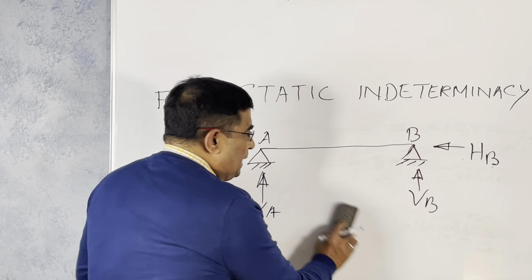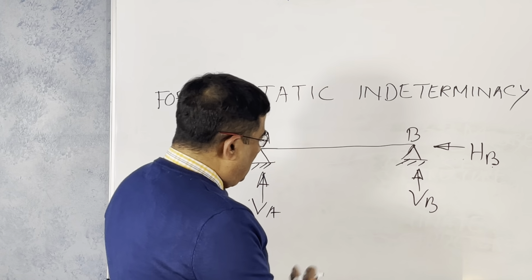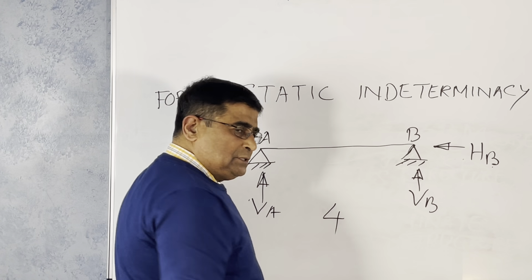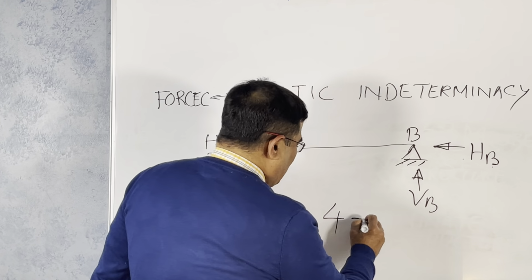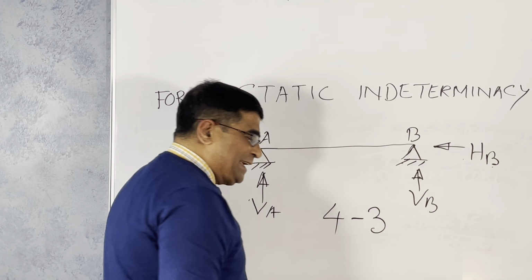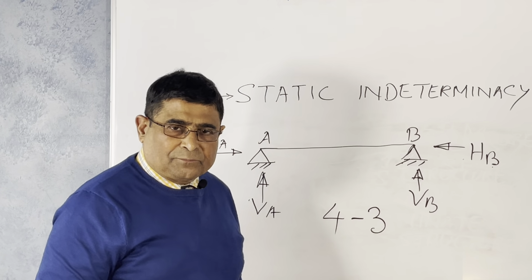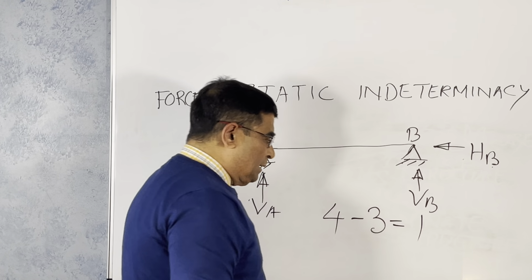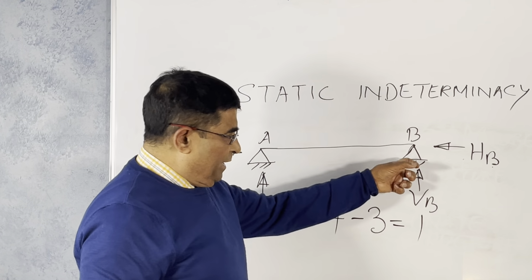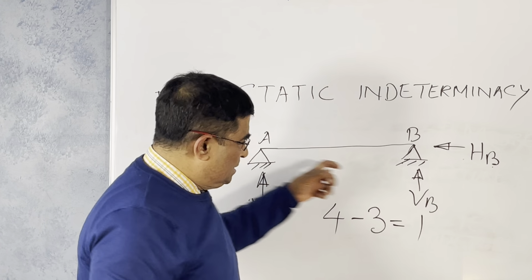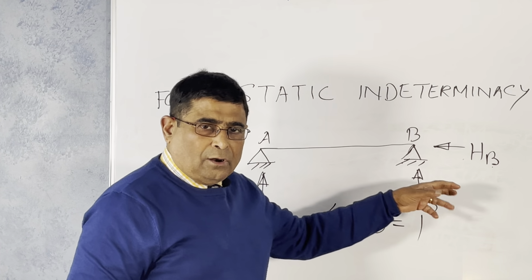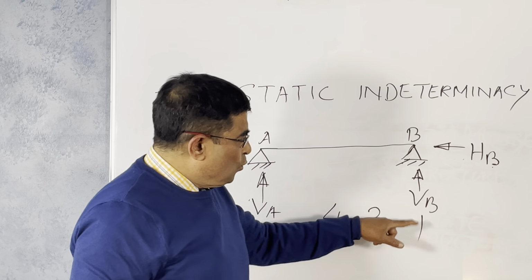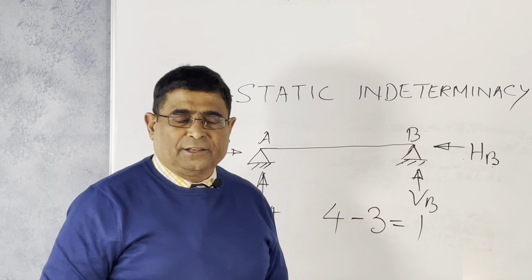Because there are 4 unknowns, you multiply by 3. 3 can be found out, but not the 4th one. So it is 4 minus 3 is 1. The degree of indeterminacy of this beam or structure is 1, first degree indeterminacy.